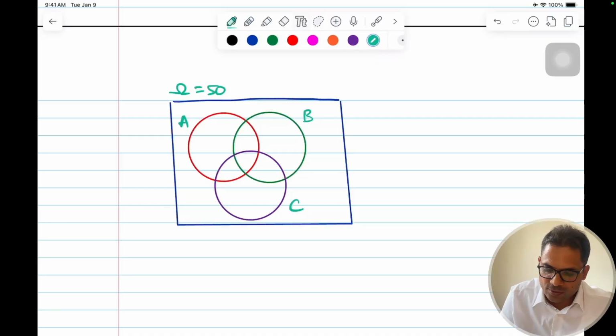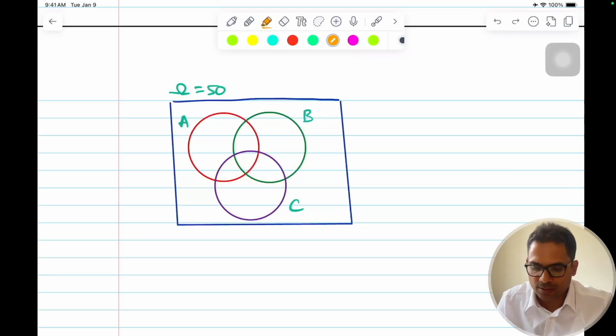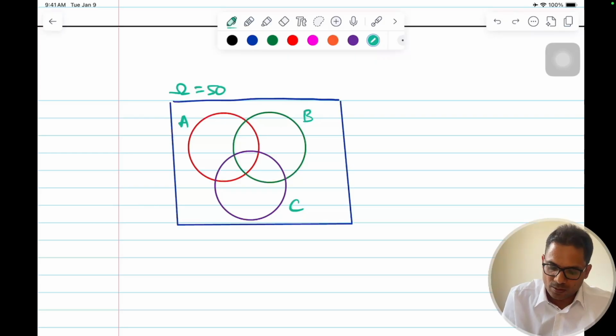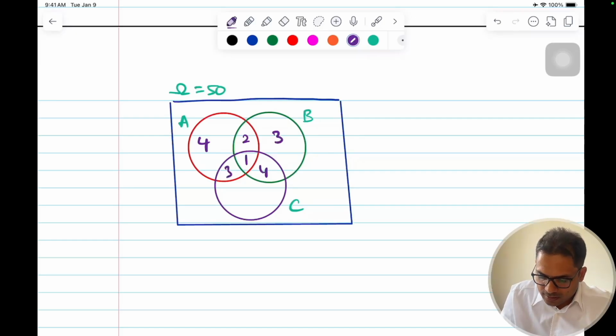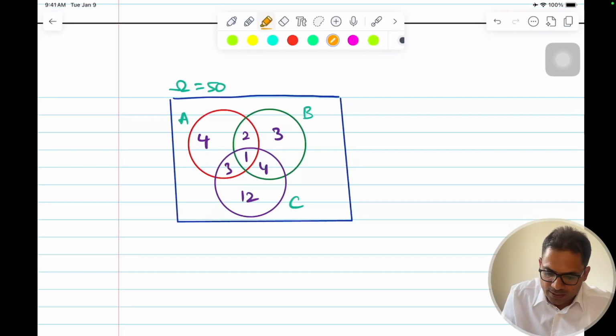This third one is bringing in new information. Let me put some numbers in this set so it's easier to visualize. For example, this is 4, this is 2, this is 1, this is 3, this is 4, this is 3, this is 12. Our whole set contains 50.